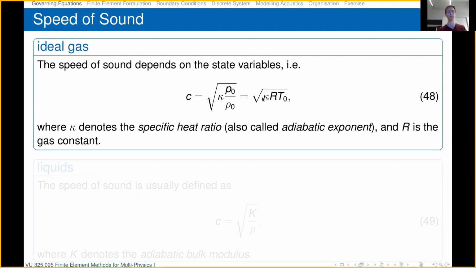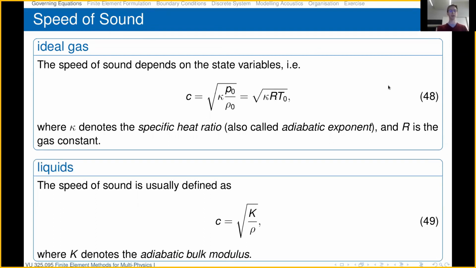Of course, you can also express this via the gas constant R, and here you see that the speed of sound depends on the state variables, so on the pressure, the density, and the temperature of the medium. In liquids, usually one expresses the speed of sound as the square root of compression modulus or bulk modulus over the density. Please note that K is the adiabatic bulk modulus.